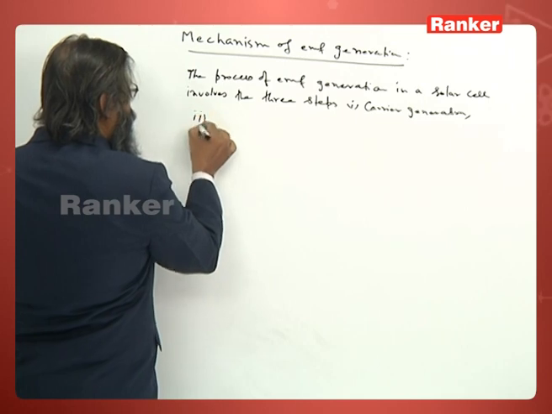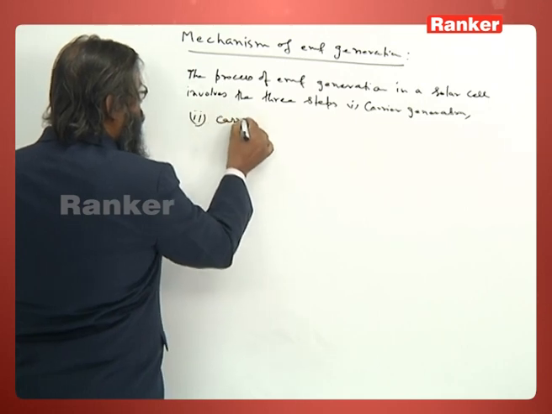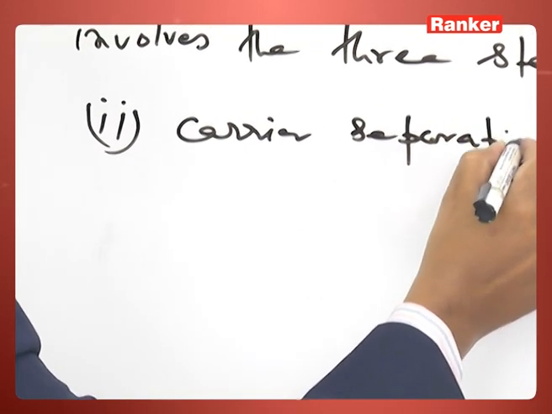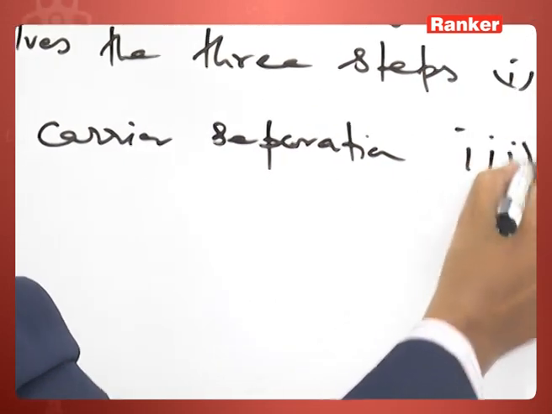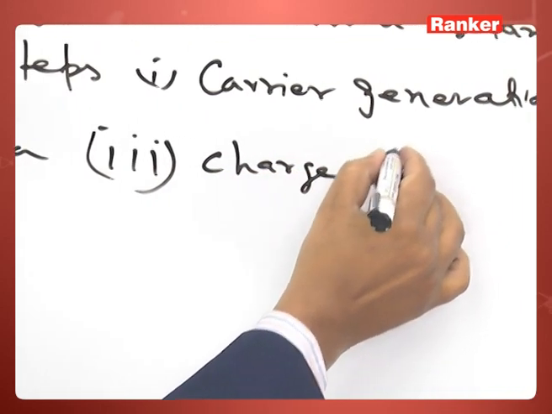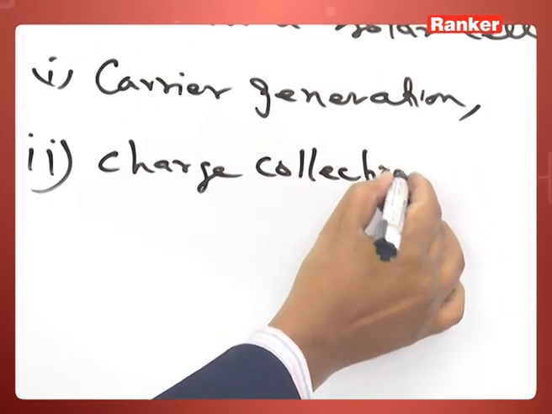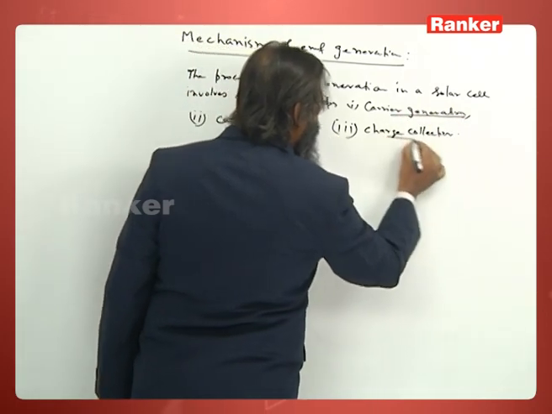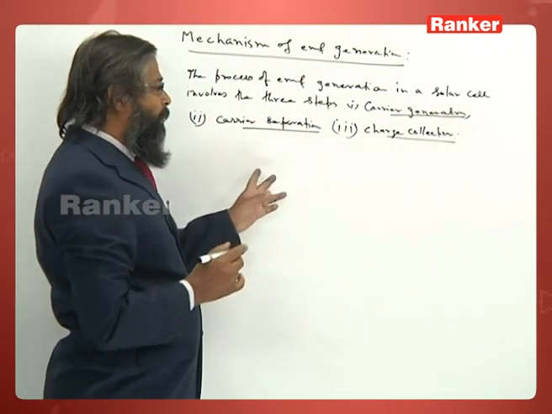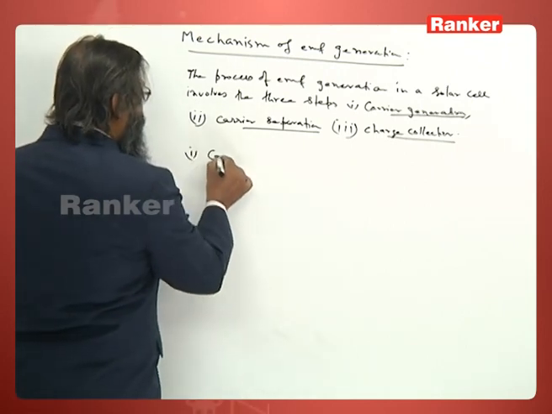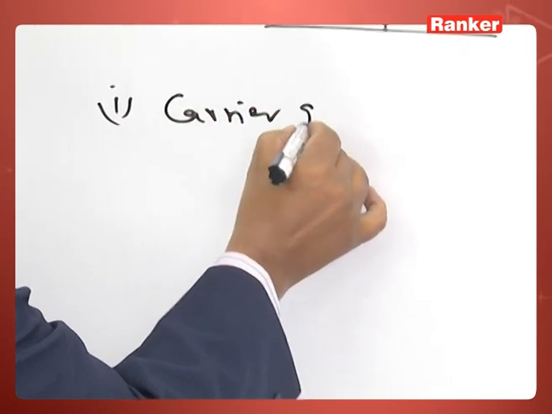Number two, carrier separation, and number three, charge collection. So first generation, then separation, then collection. Generation, separation, collection. So let us come to the first, carrier generation.